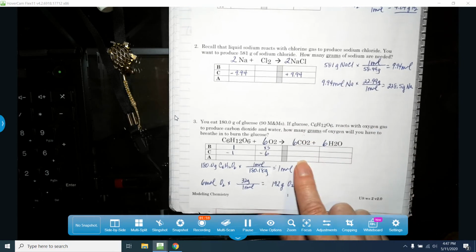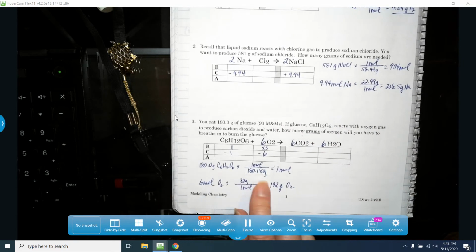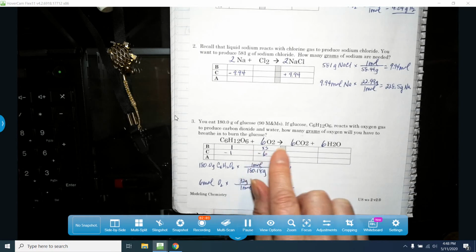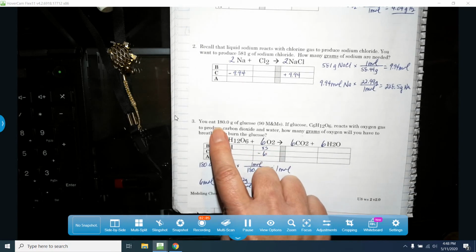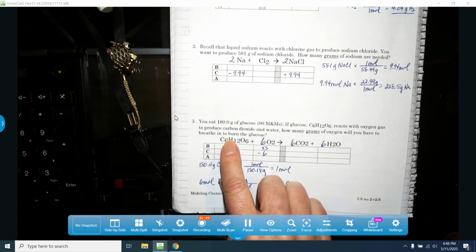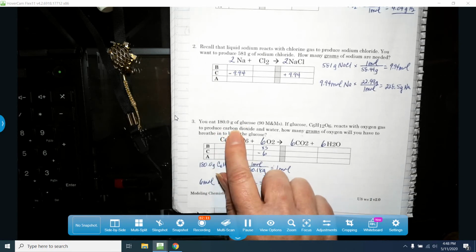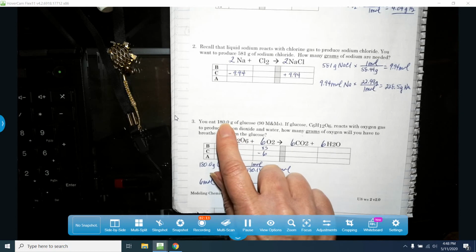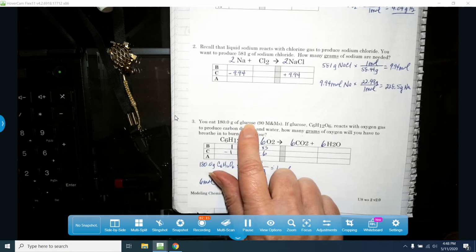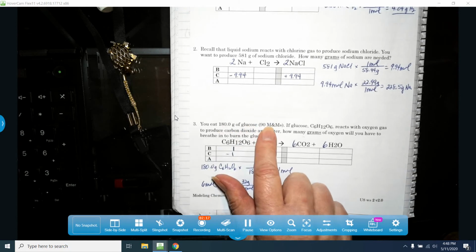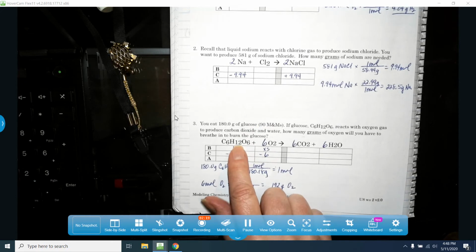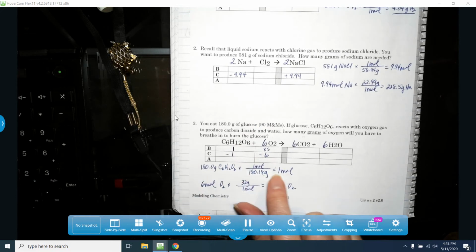Okay, number three. I think it's a limiting reactant problem. So you have, I forget how many grams of oxygen. No, it's just a regular stoichiometry mass-to-mass problem. So you have 180 grams of glucose, and glucose is this one. So you change that into moles.